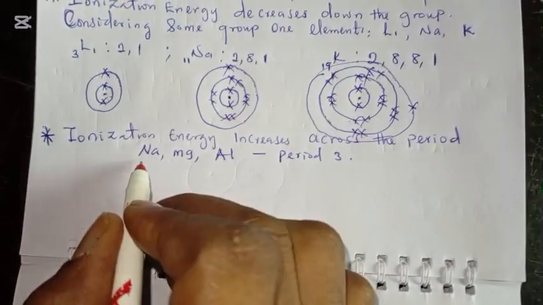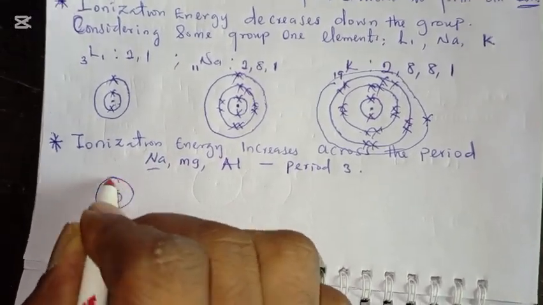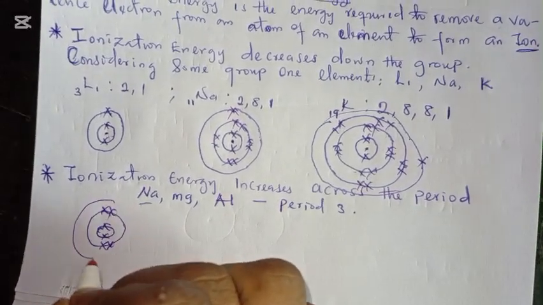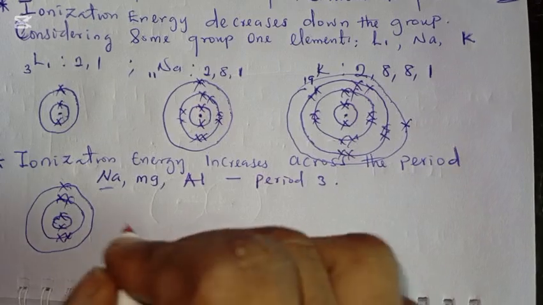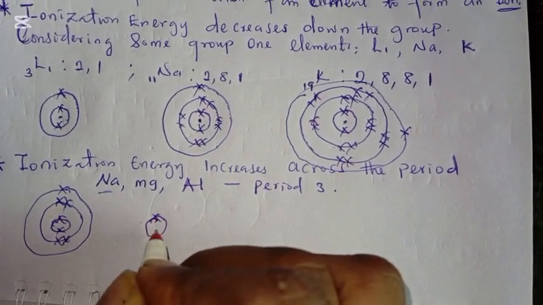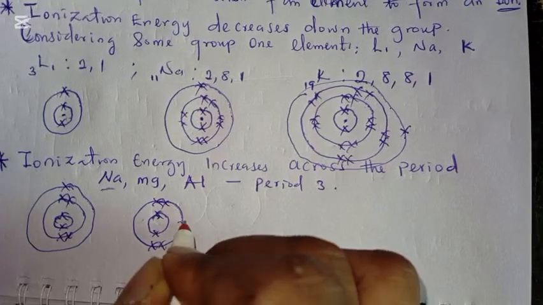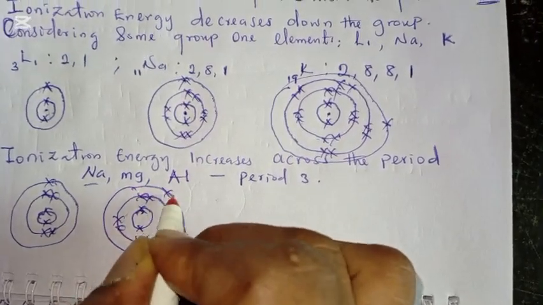Now, if you draw the shell diagram for sodium, are you following through? We are going to have 3 shells. If you draw for magnesium as well, we are going to have 3 shells, since they belong to the same period, so to say. The last shell has 2 electrons.